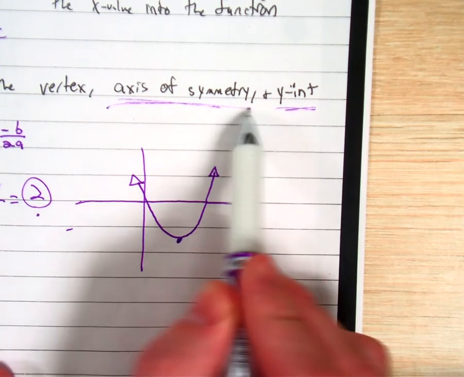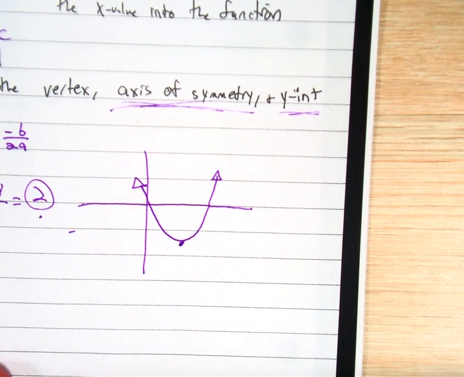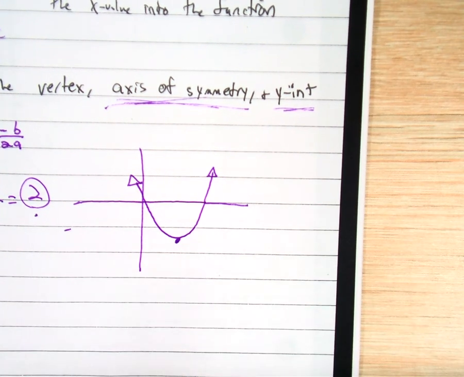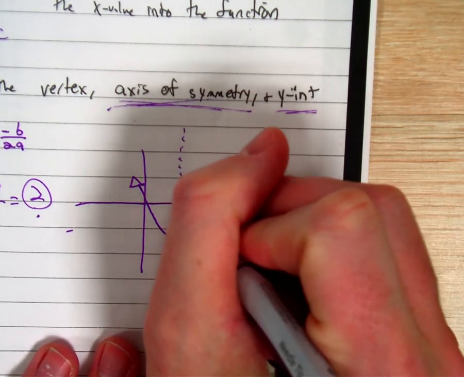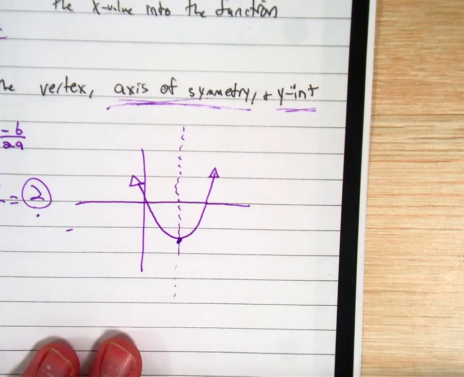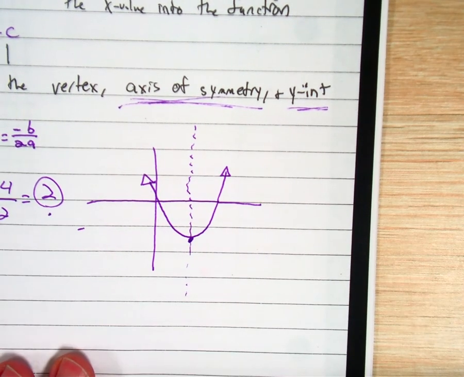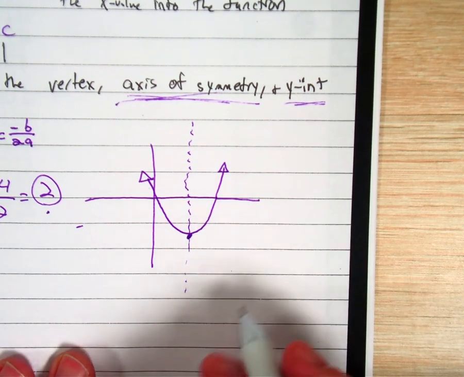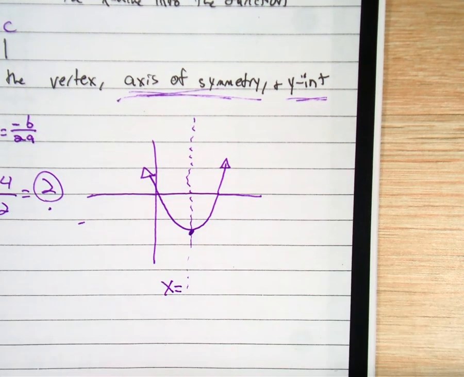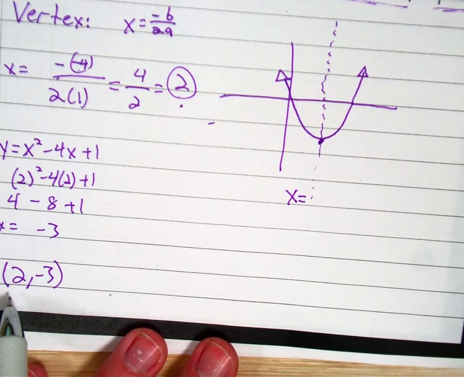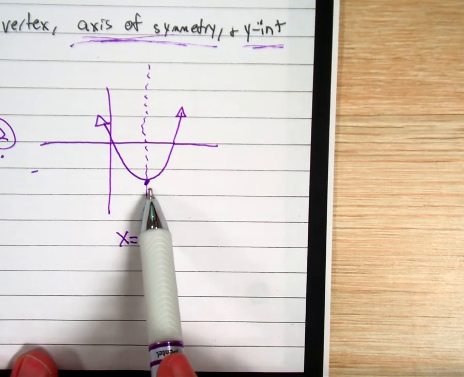The axis of symmetry. Think about what symmetry is. You've probably talked about symmetry back in geometry. It's like a line that you can fold it over. So what would be a line that I could fold this over? Ta-da! Right down the middle. For this chapter at least, that's always going to be x equals the x-coordinate from our vertex, because it goes through the vertex, that's the middle.